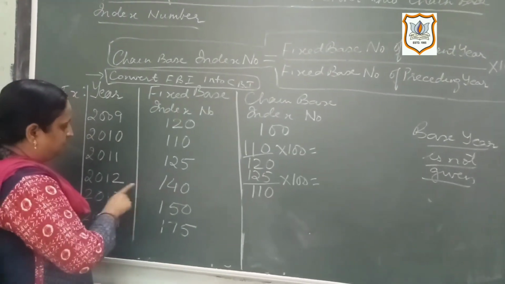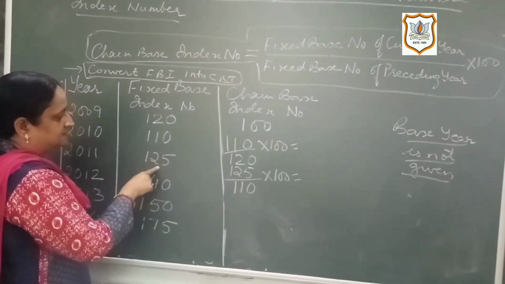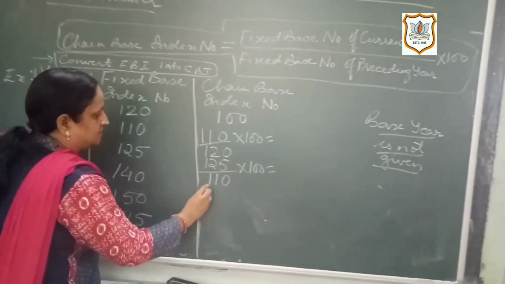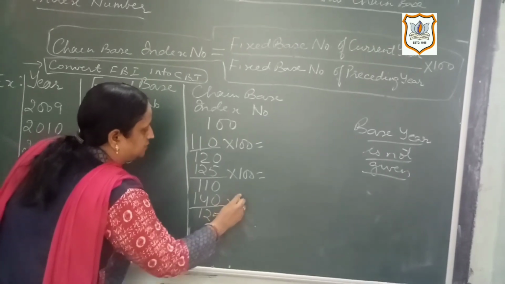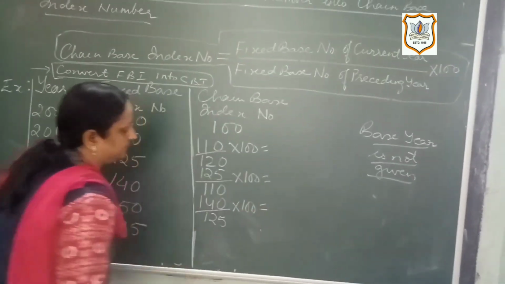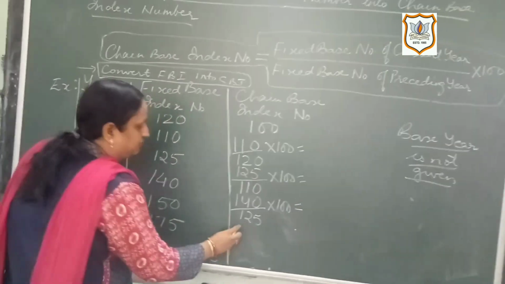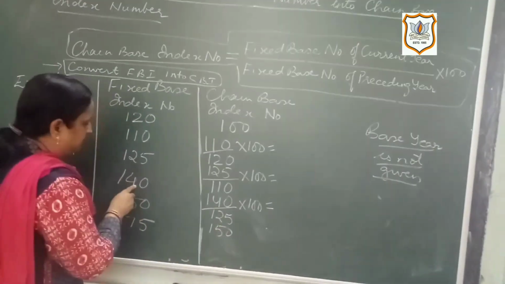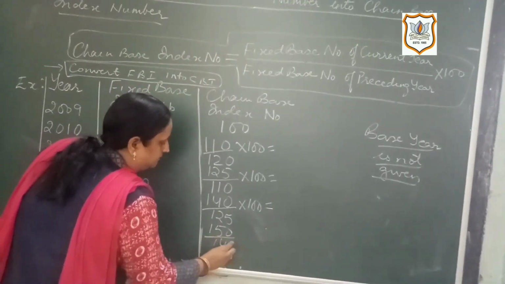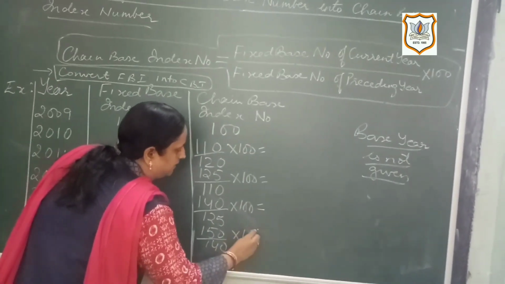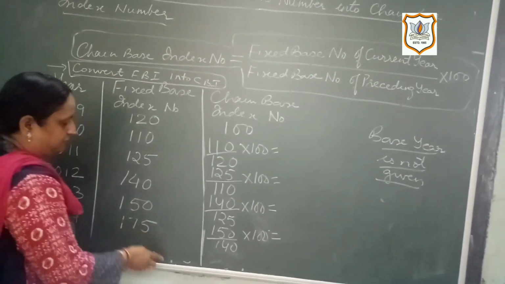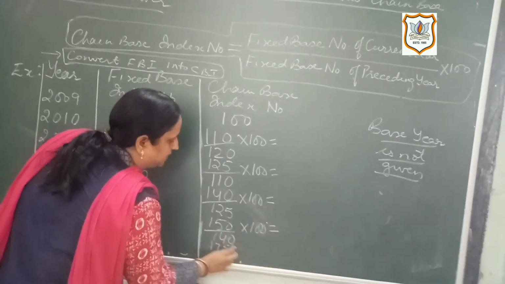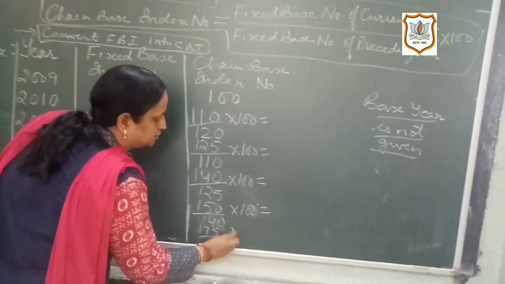This is 140 for 2012. Previous year is 125. So 140 divided by 125 into 100. This is 150. Previous is 140. Multiply by 100. This is 175. Previous is 150. So you will have 175 upon 150 into 100.